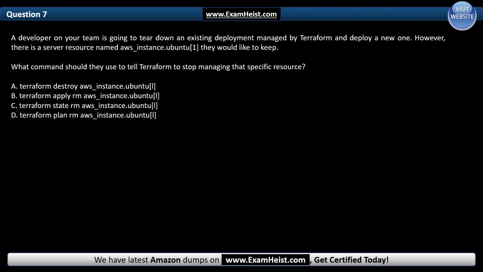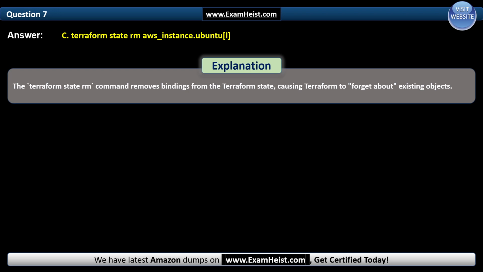The correct option is C. Terraform state rm aws_instance.ubuntu1. The Terraform state rm command removes bindings from the Terraform state, causing Terraform to forget about existing objects.